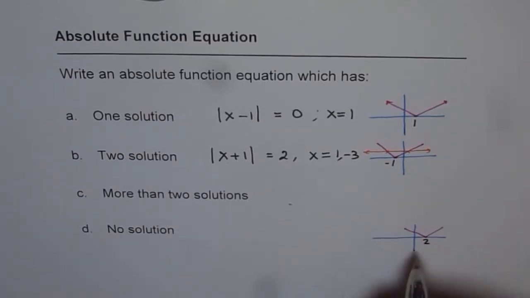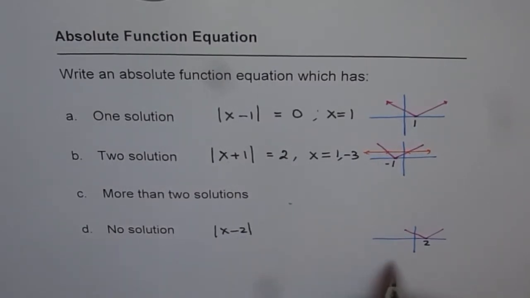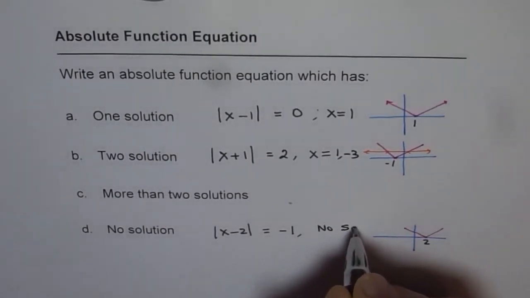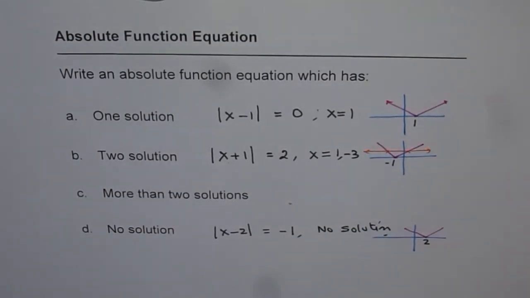So my equation here is absolute value of x minus 2, and if I say this is equal to, let us say, minus 1, as you know, an absolute function is always positive. It can never be negative, and so we have no solution. Do you see that? So that is how we can get answers for the three parts.